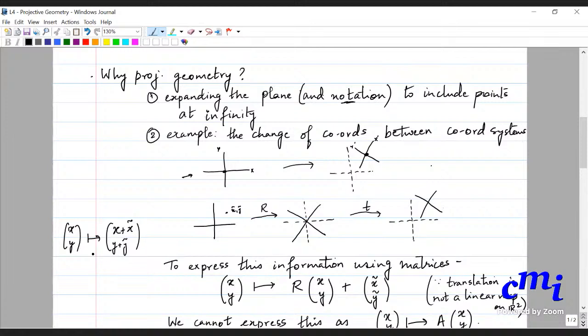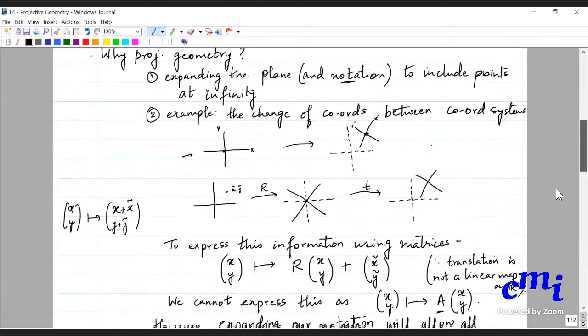So this entire operation of change of coordinates can no longer be expressed as (x, y) going to some matrix times (x, y). This is the practical fallout of not having translation as a linear map.